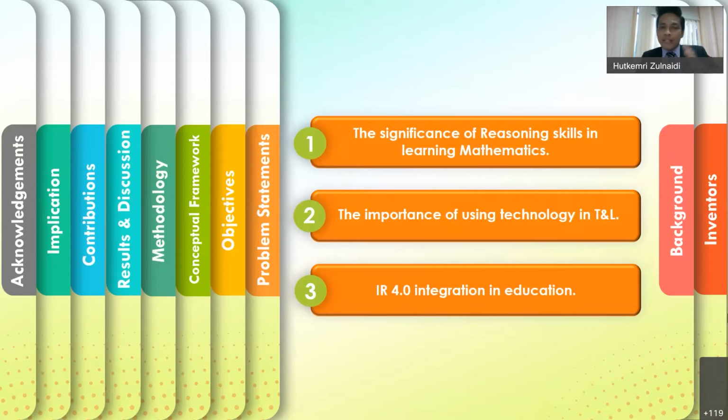Why do we call it the key? Because we can integrate IR 4.0 into the process of teaching and learning. For example, we can use technology in teaching. For this conference, we are also using technology. So that's the way we integrate IR 4.0.